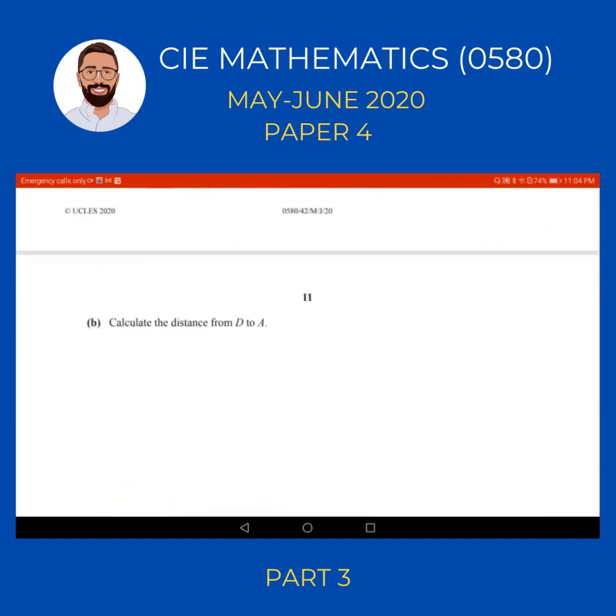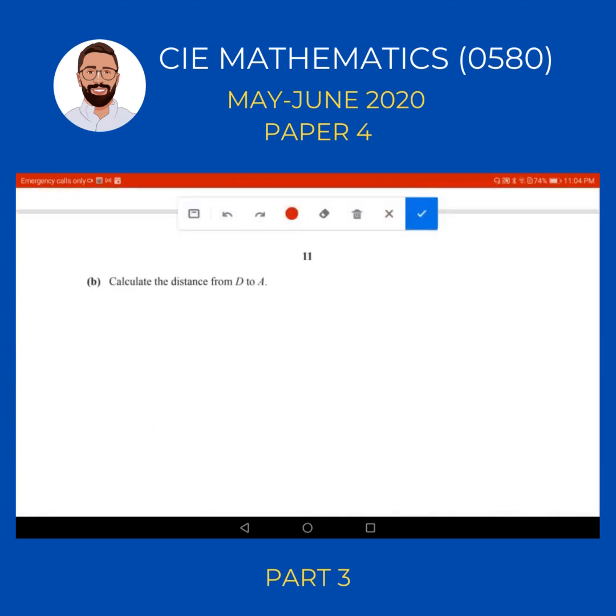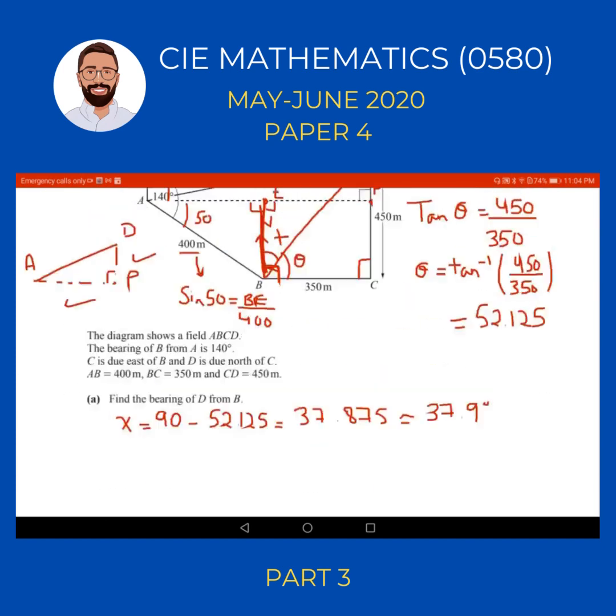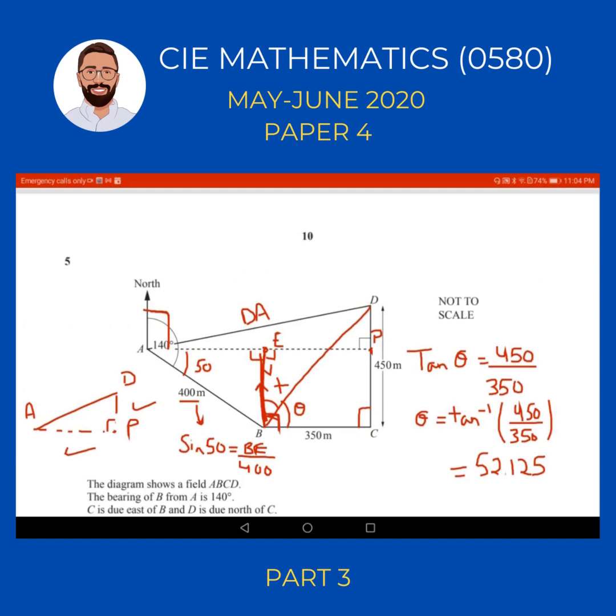So let's find BE. BE is equal to sine 50 times 400, and the answer is 306.4177. We found BE.